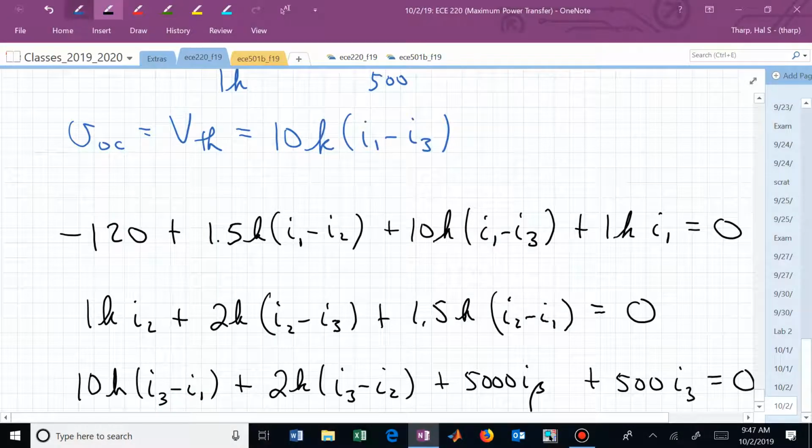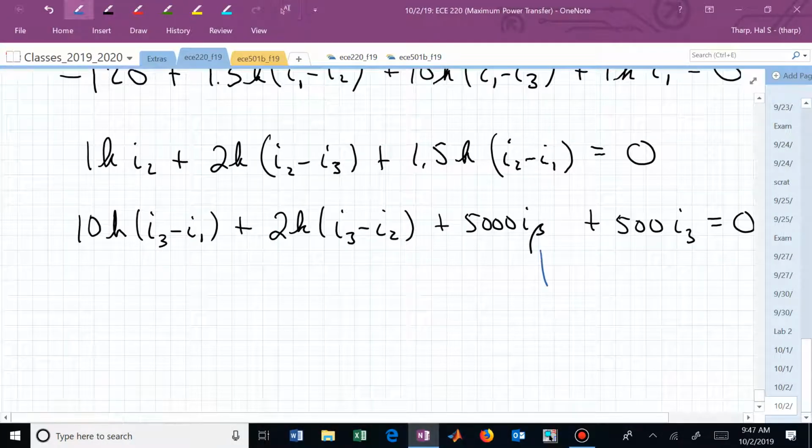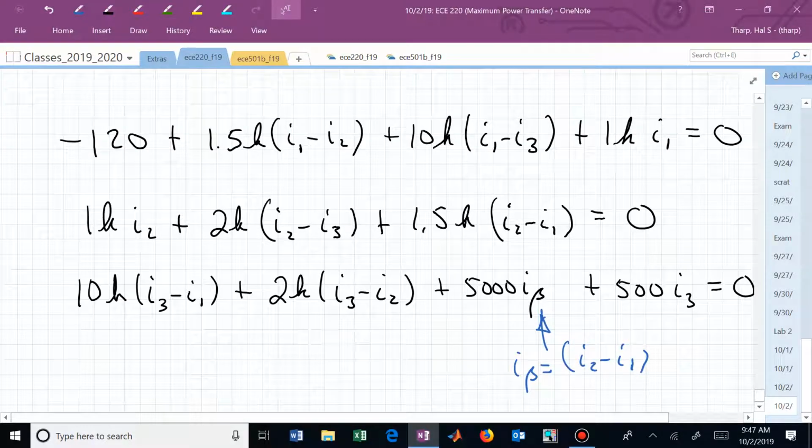And now, luckily, we remembered that I sub beta was, in fact, I sub 2 minus I1. We can plug that in, and now we have three equations in the three unknowns, I1, I2, and I3. We can solve those for I1, I2, and I3.